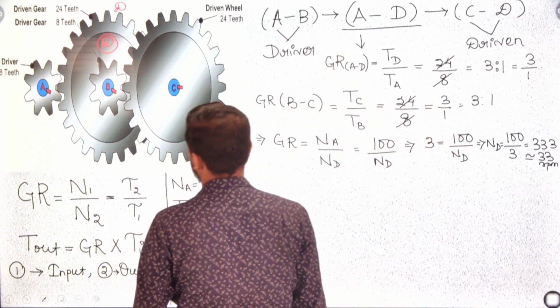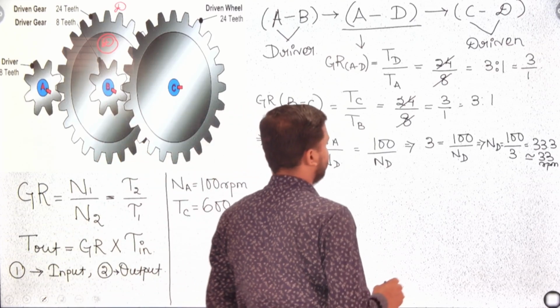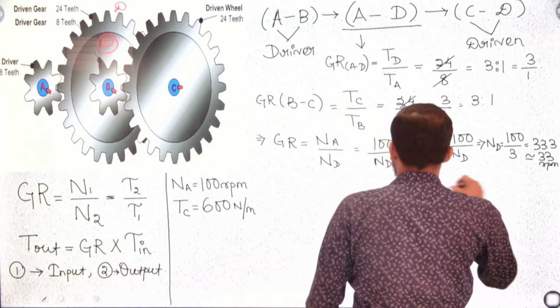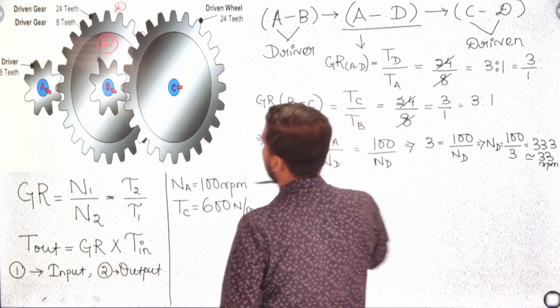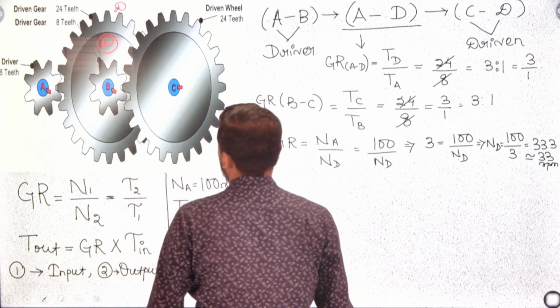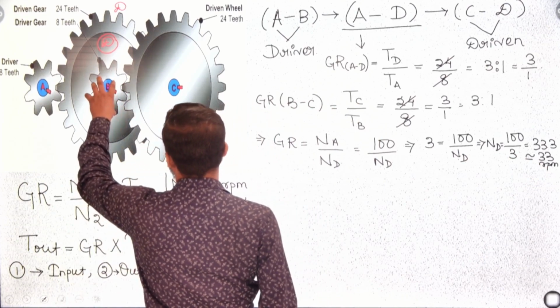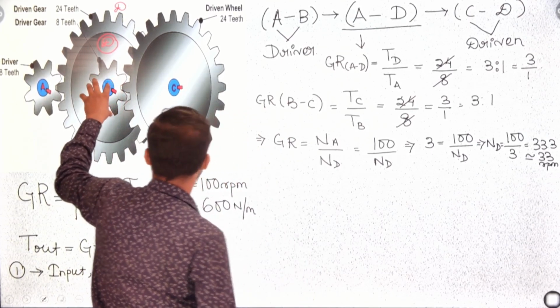Okay. Next we are going to find out, you are getting Na 100 means ND you are getting 33 RPM. Next, how to find NB?